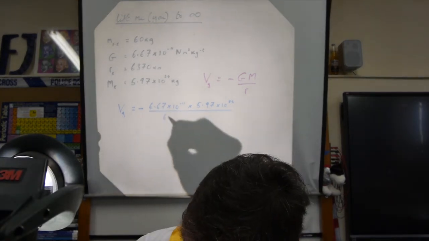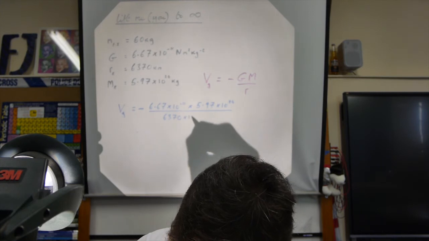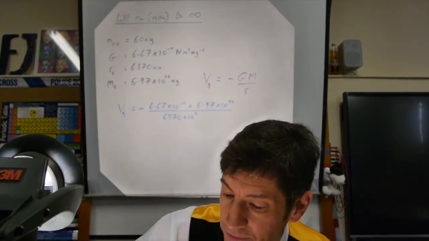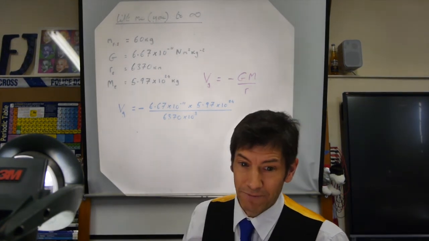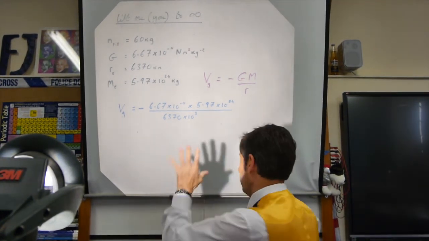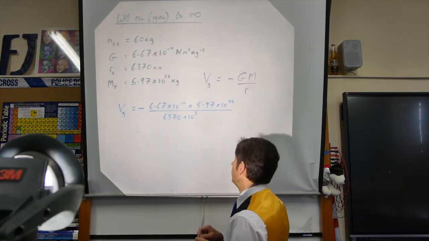So 6370 times 10 to the 3. Be very careful not to square that number. You can forget what you're dealing with here. We're dealing with gravitational energy, not forces.